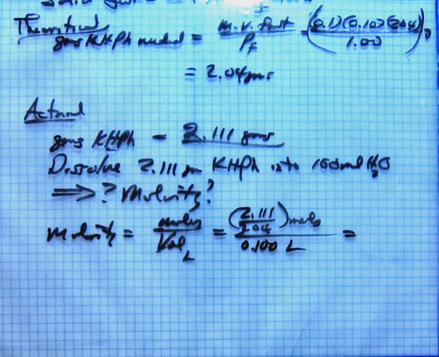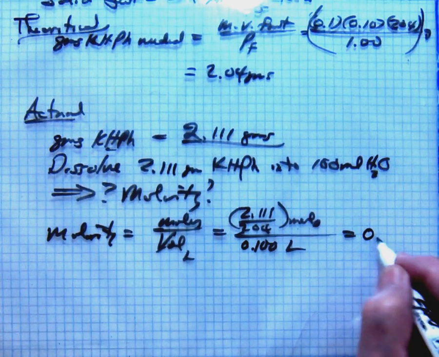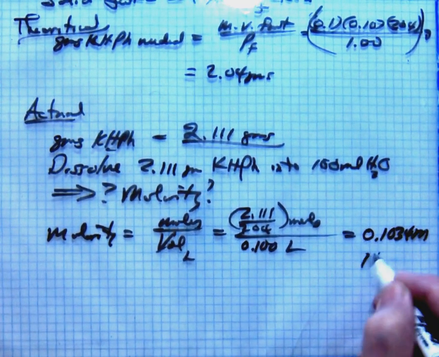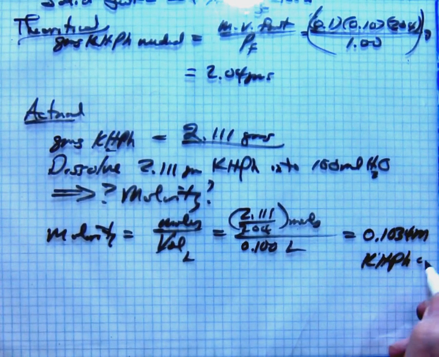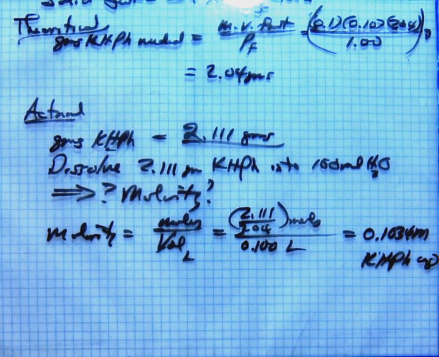You do your calculation to determine how much you need, but you don't beat yourself up trying to get that number. You get close to it so you don't use up the whole bottle. So 2.111 divided by 204, divided by 0.1, equals 0.1034 molar KHP aqueous solution. That's the standard.